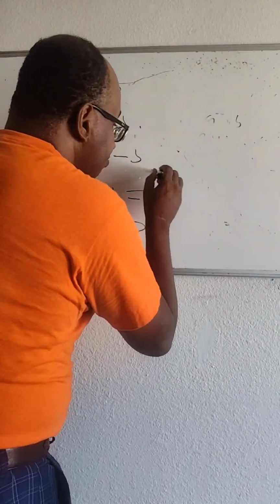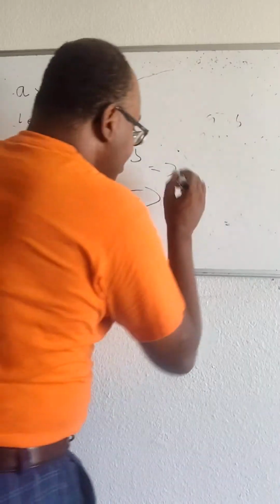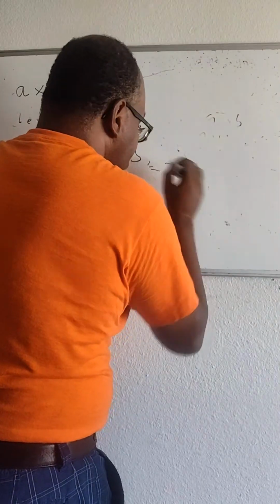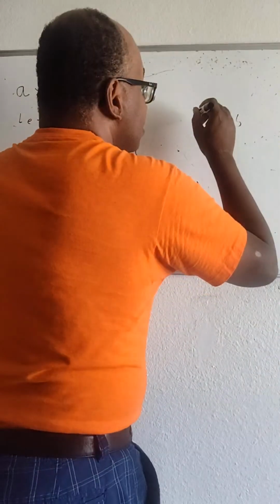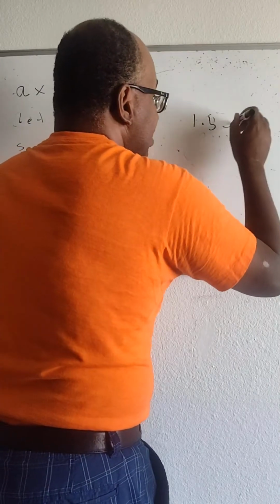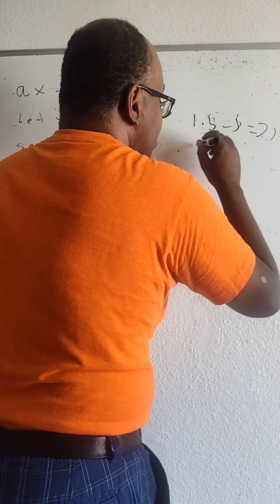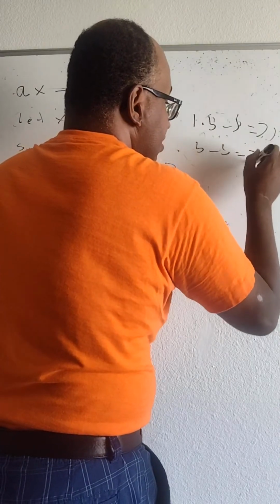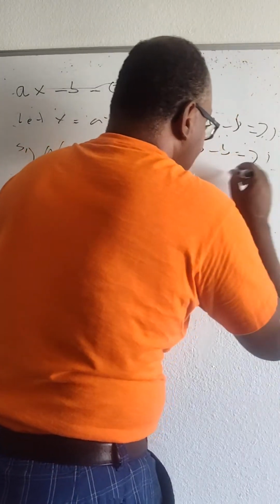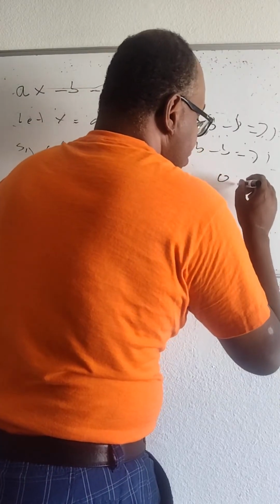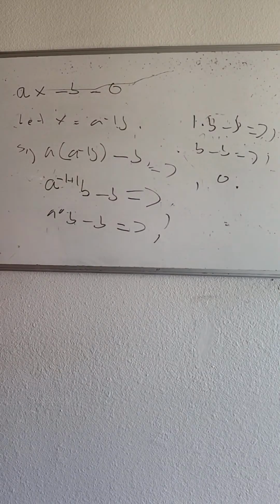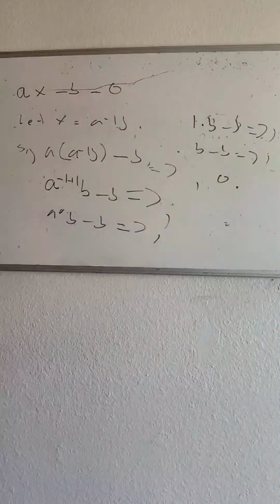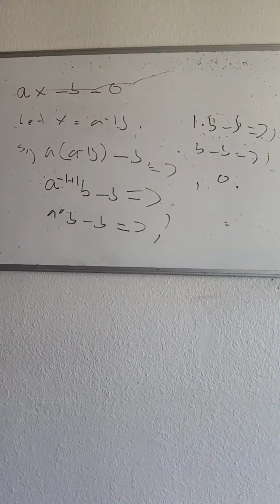Okay, put it in implies. So 1 times b minus b, b minus b, 0. So we wind up with 0. So thus that checks, and it is true, a solution to the equation. So that'll be our 0.